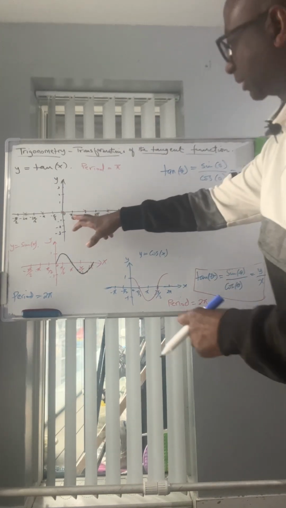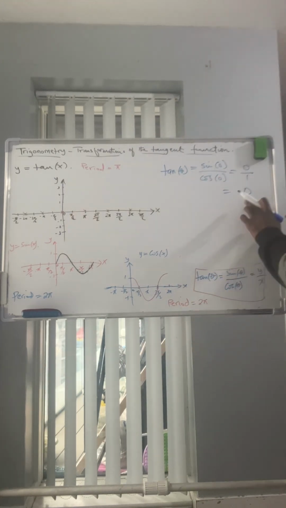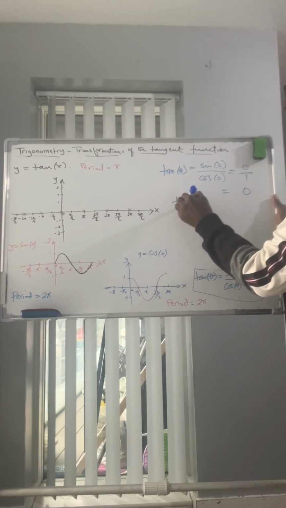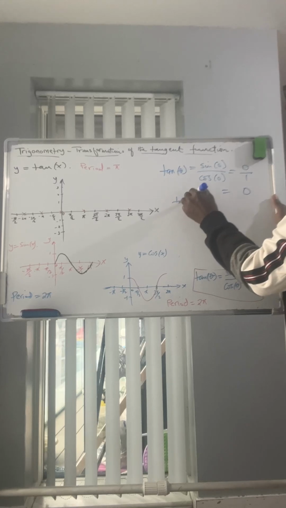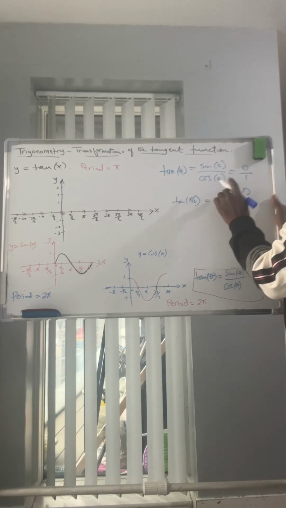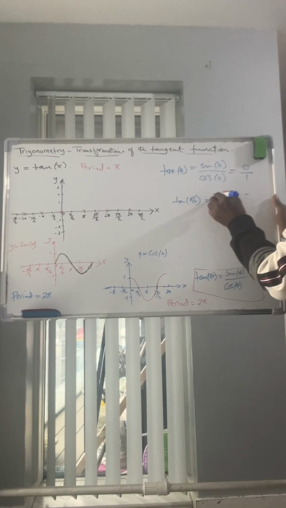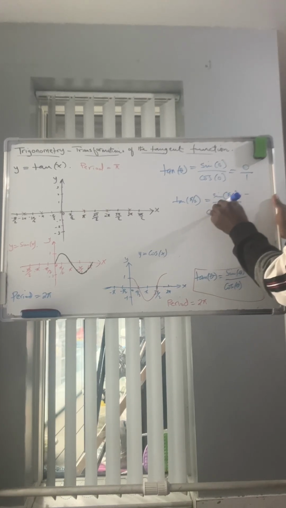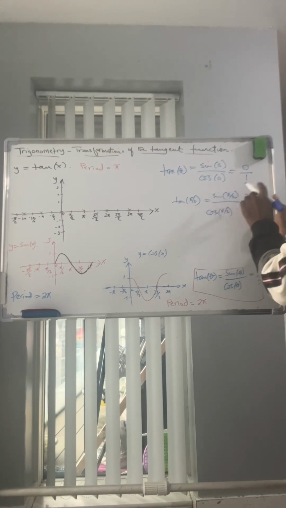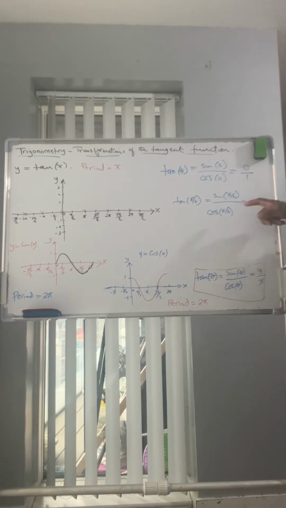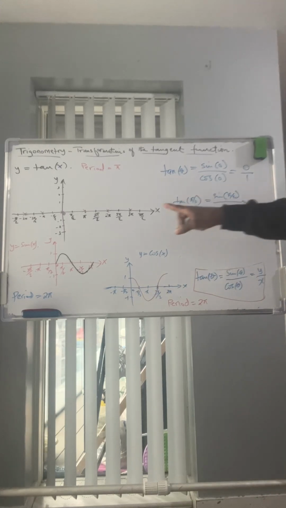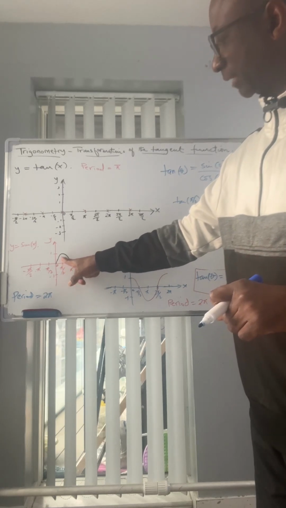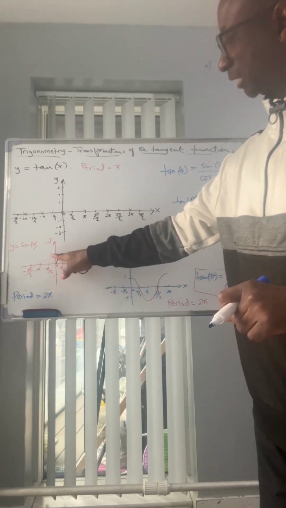So what happens at 90 degrees? Now we have the tangent of pi over 2 equal to the sine of pi over 2 all over the cosine of pi over 2. Let's investigate. What is sine of pi over 2? We are looking at the sine function. At pi over 2, the sine is 1.